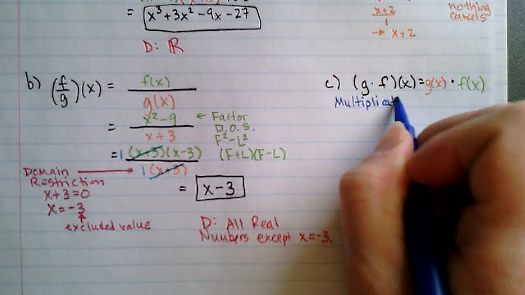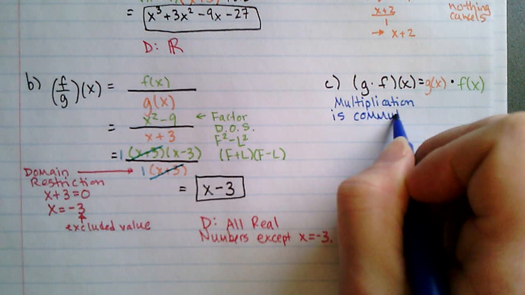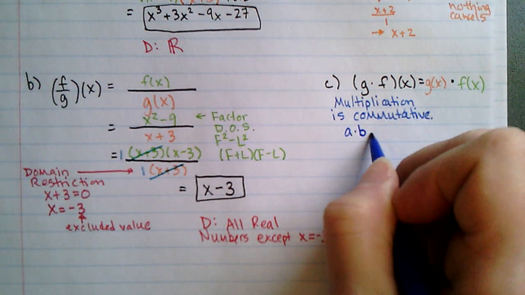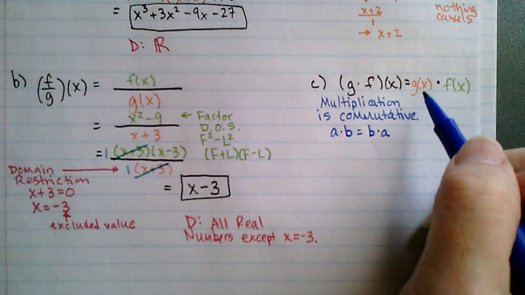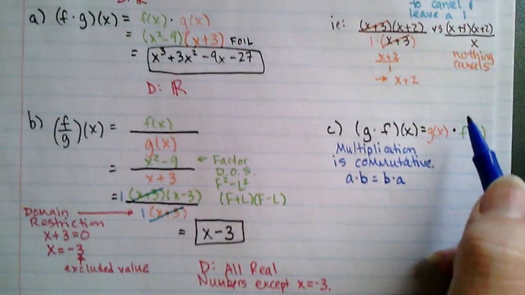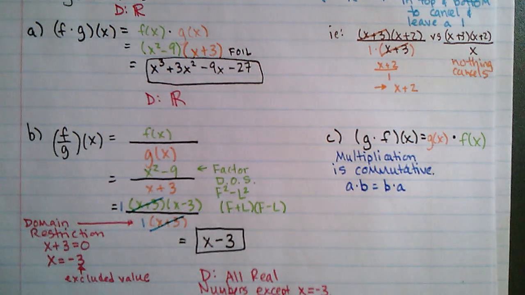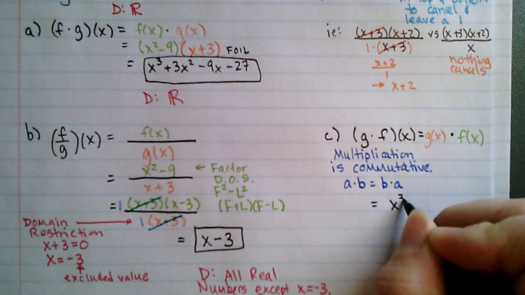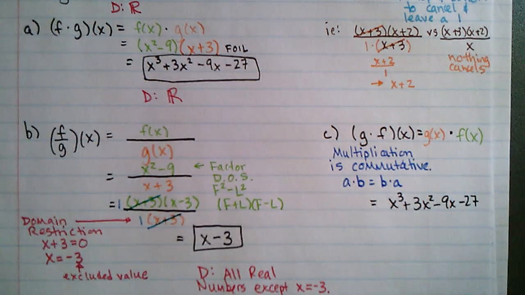Multiplication is also commutative, meaning that a times b is the same thing as b times a. So when I need to do g of x times f of x, since I've already done f of x times g of x, I can just go straight to the answer. I don't have to work that problem out again because I already know that it is x cubed plus 3x squared minus 9x minus 27.